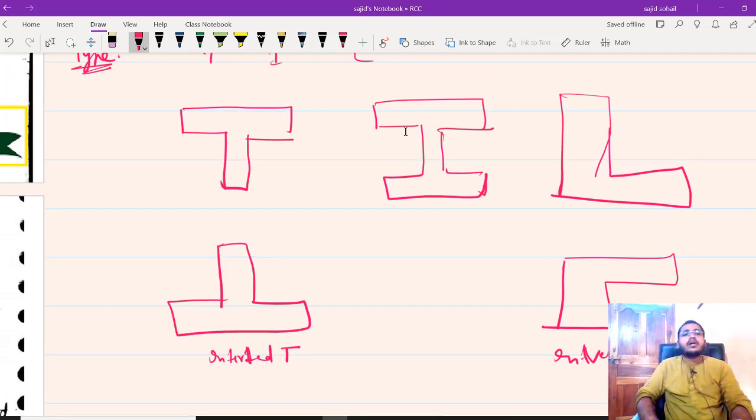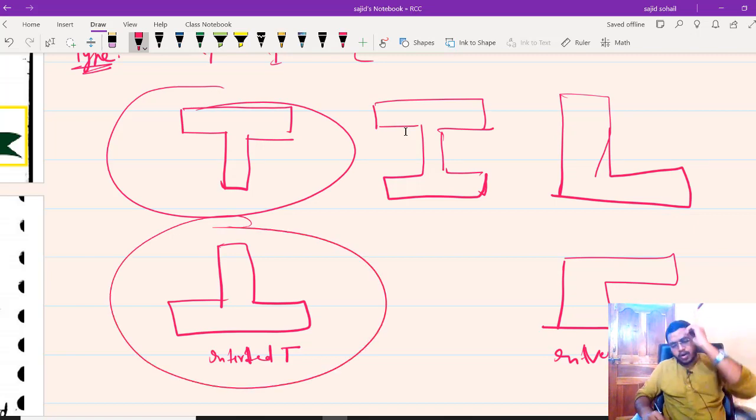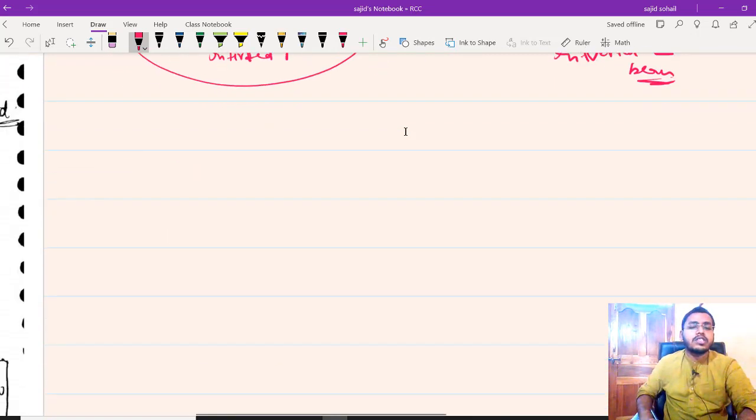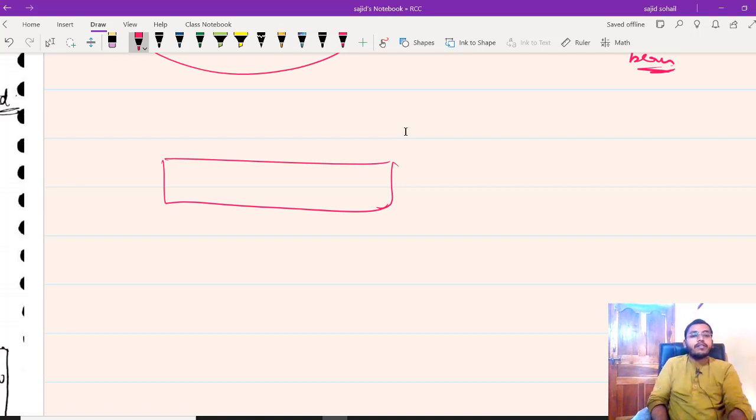And now you can ask me, sir, where to use this T beam and where to use this inverted T beam? The concept is very simple. If you have a beam and the loads are such that a sagging moment is being produced, how will it be? Like a smiley. Sagging means smiley, as we have seen in structural analysis.